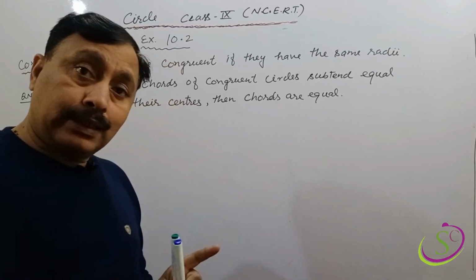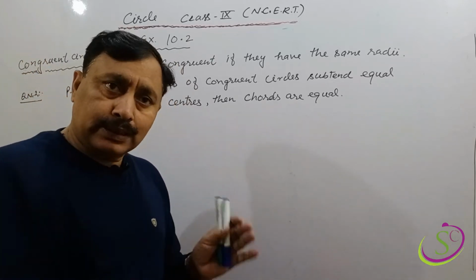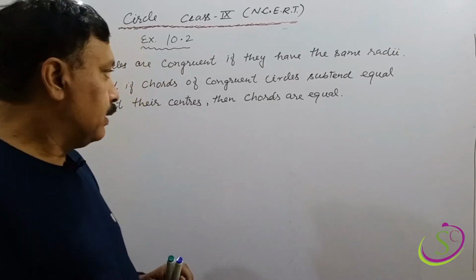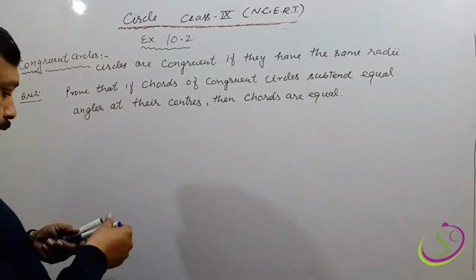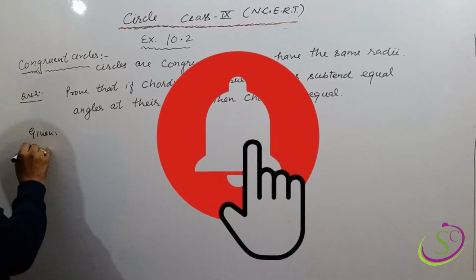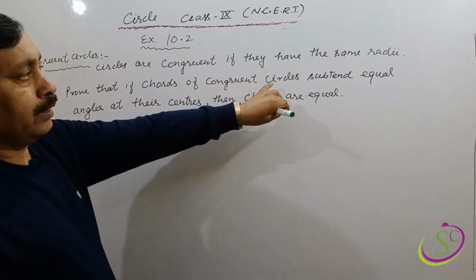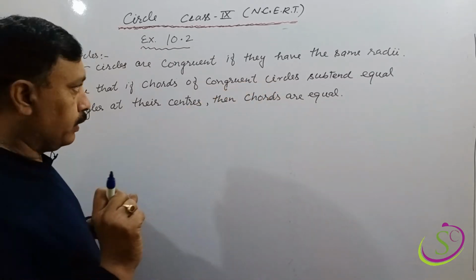This question is just the converse of the previous question. Is it clear? Both the questions are converse to each other. So here the given portion is chords of congruent circles. There are two circles, and those are congruent.